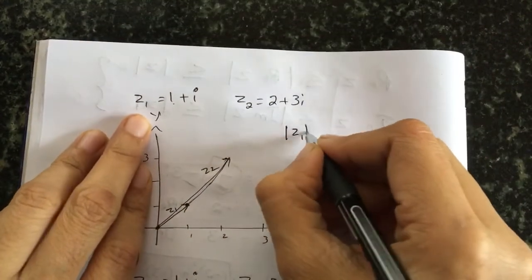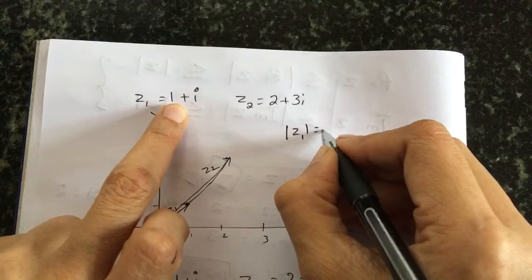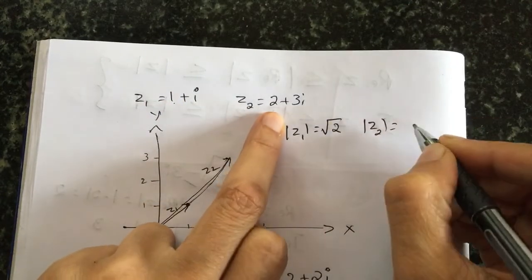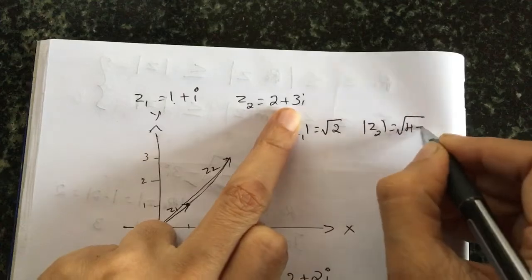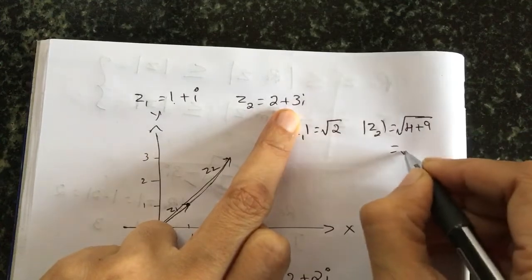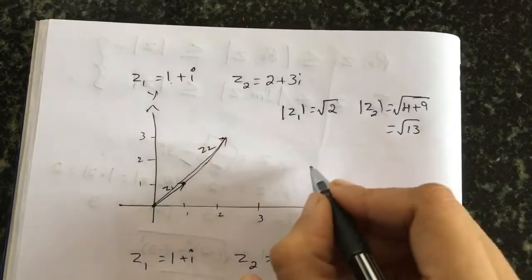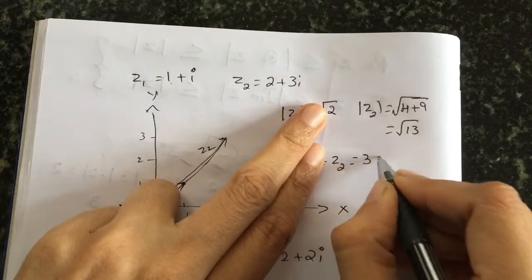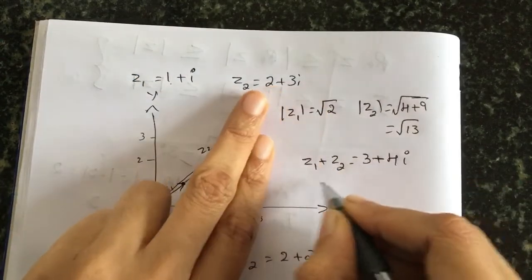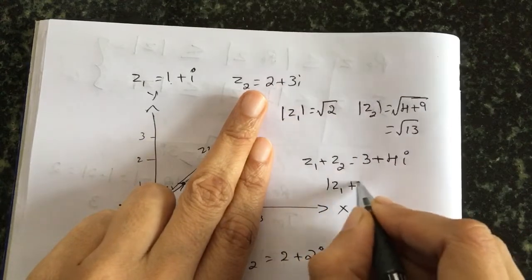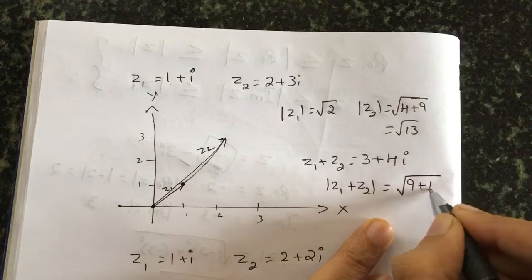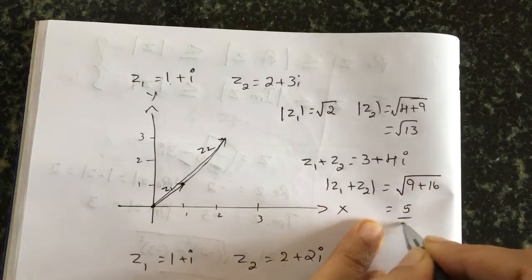When you take the modulus values, mod z1 is root of 1 plus 1, so it's root 2, and modulus of z2 is root of 2 squared, that's 4, plus 9, so it's root 13. And z1 plus z2 will be 3 plus 4i, and its modulus will be root of 9 plus 16, so that will be 5.